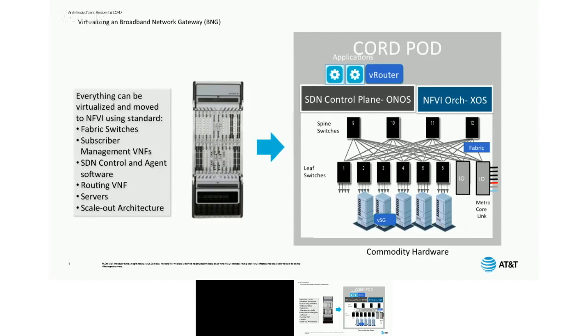We map the functions of the BNG into the fabric switches, into subscriber management VNFs, which we call Virtual Service Gateway or VSG, and also into the SDN control and management applications. There's a routing VNF that Saurav described really well just in the talk before lunch. And of course, we have all of this infrastructure of servers which scale out and switches which scale out. So there's no special hardware needed in this space.